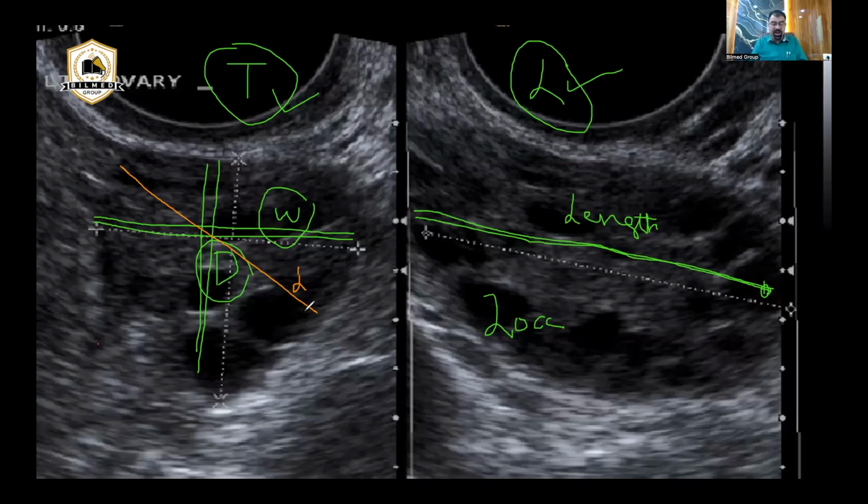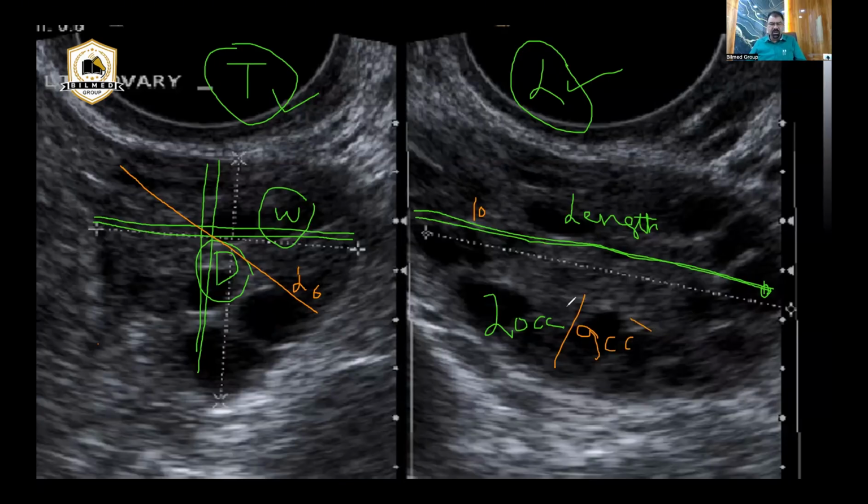The machine does not see where you are taking it from. The machine is assuming that you have taken this in a longitudinal section, and this, if 10 millimeters, will not be 10 in the longitudinal section. It may be maybe 6 only. And this 20 will come up as maybe 9 cc only.